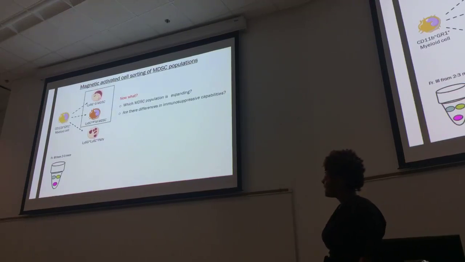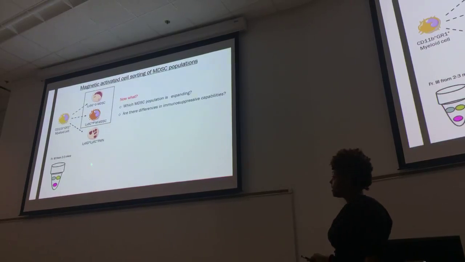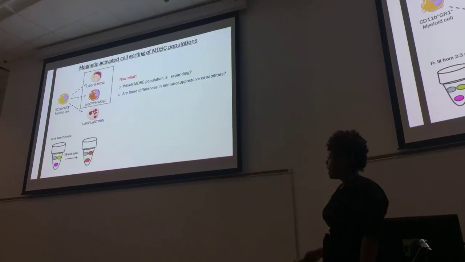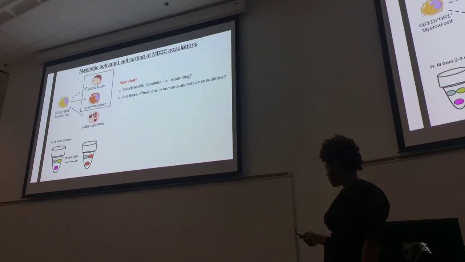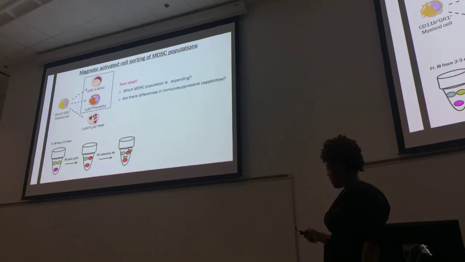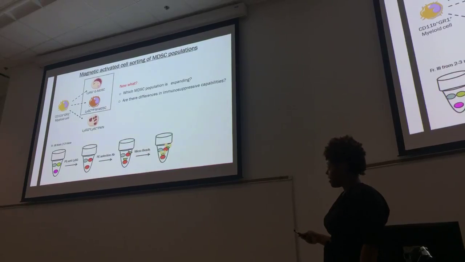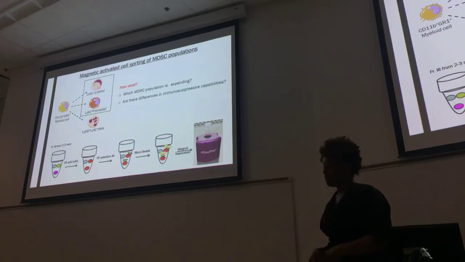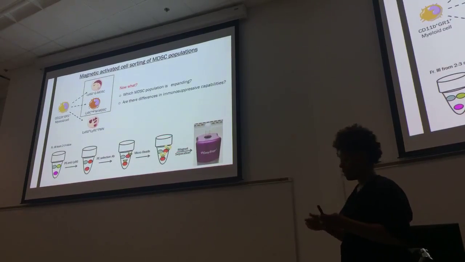To do this, we did magnetic activated cell sorting, where cells from 2 to 3 mice were collected, pooled, and fluorescently labeled with the PE anti-Ly6G antibody, and then with the anti-PE selection antibody. We then added microbeads to tag our target cells, put this in the magnet for separation, and isolated our 2 MDSC populations for analysis.